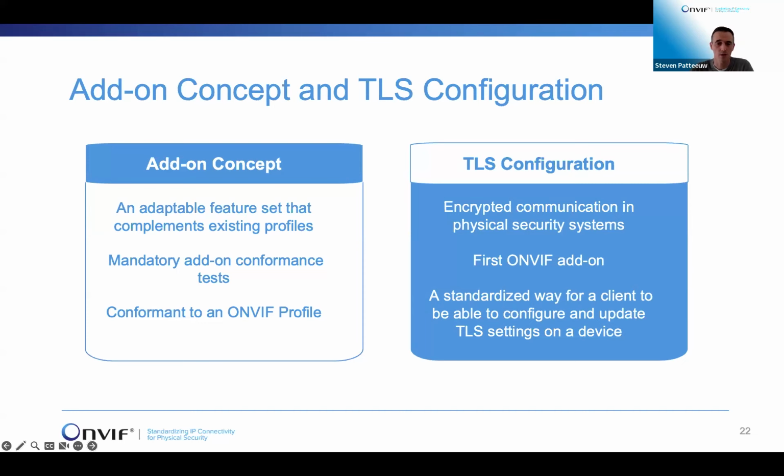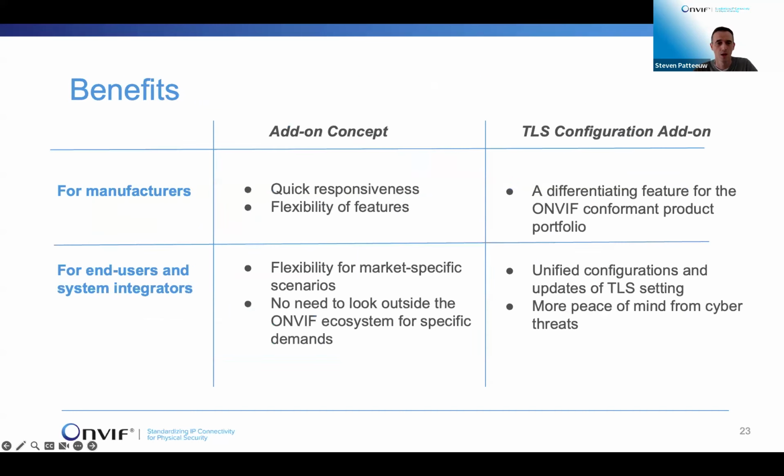Now, when we talk about the benefits, we can approach it from two angles. From the manufacturer point of view, it's about quick responsiveness, the way we can react, and also coming up with a flexible feature set. The TLS configuration is interesting for a manufacturer because it helps enrich the ONVIF conformant product portfolio.